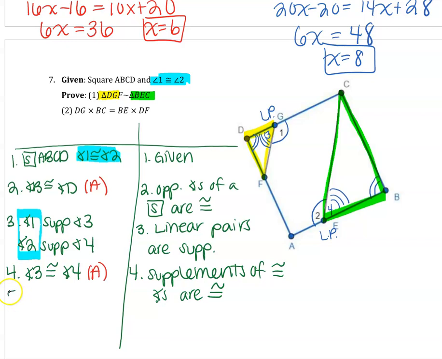So now at step 5, I can say that triangle DGF is similar to triangle BEC by angle-angle similarity theorem. And that's the first half of this proof. Really more than half, because the rest of this is just 2 more steps.